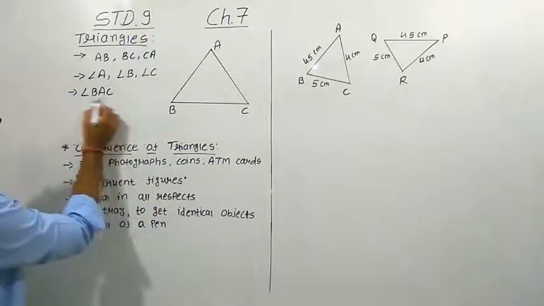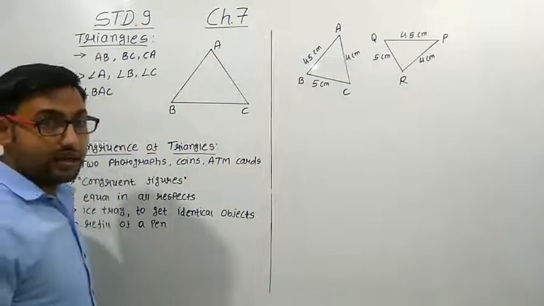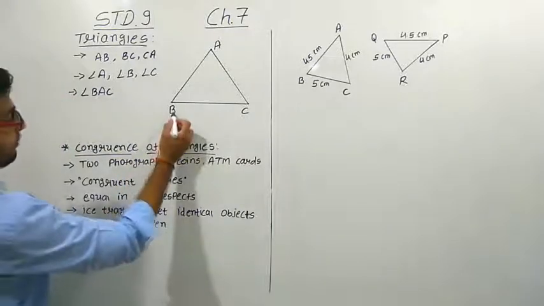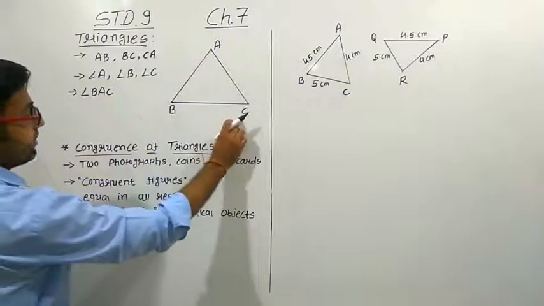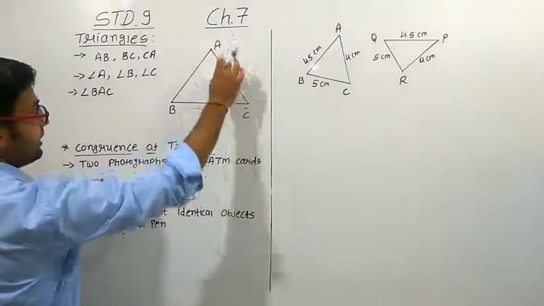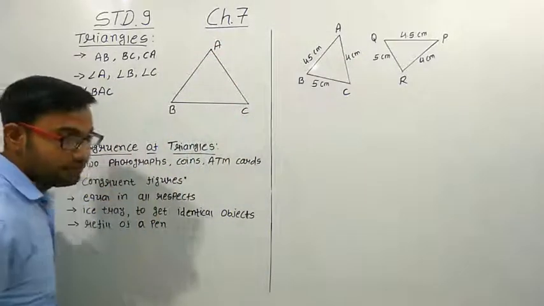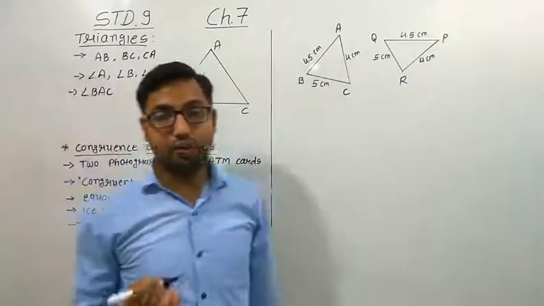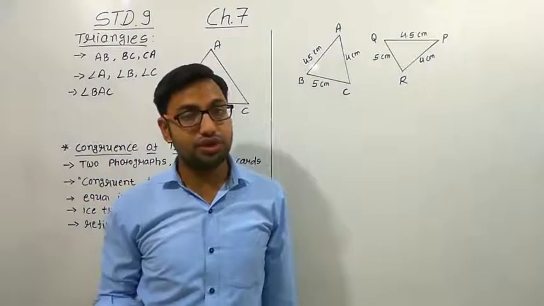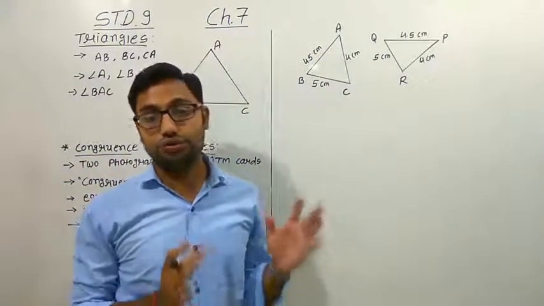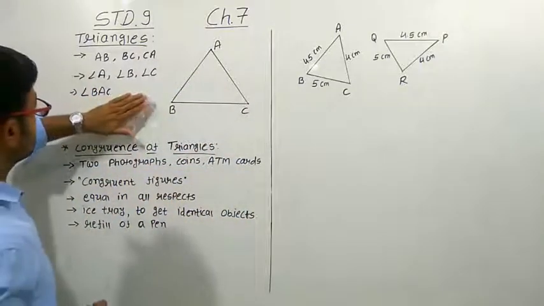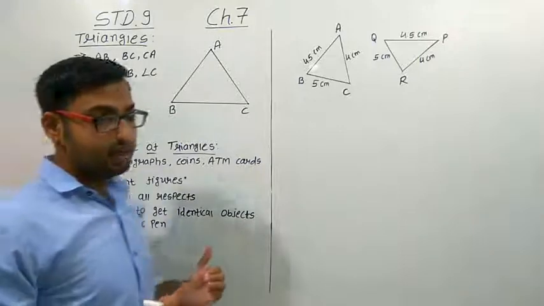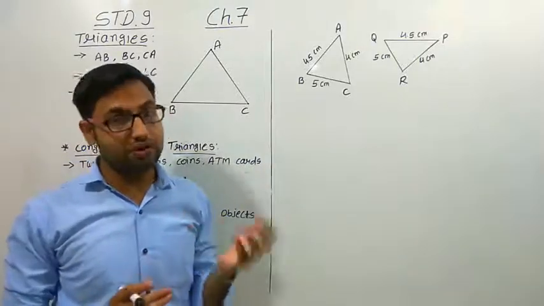That is why this also indicates angle A. In the same way, angle B we can write as angle ABC, and angle C we can write as angle ACB. So these are the very basic things that you have studied. Also you know the types of triangles. Okay. So in this chapter of standard 9, you have to study something more about triangles.